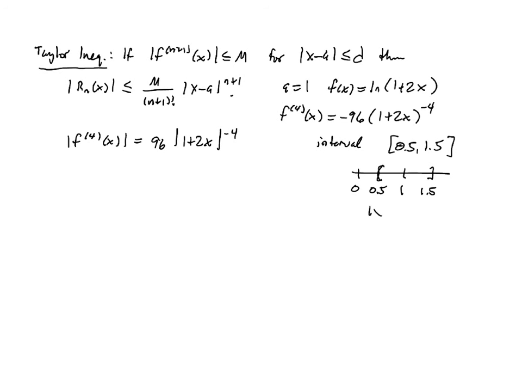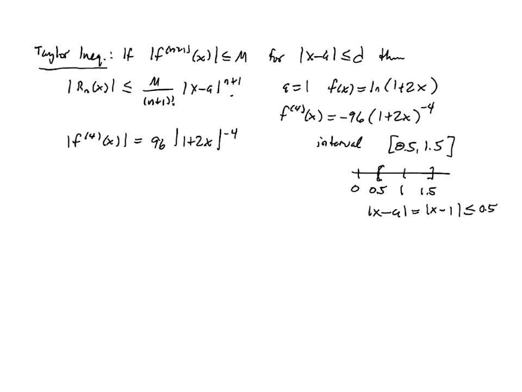The absolute value of x minus a, which is in our case absolute value of x minus 1, is less than or equal to 0.5, right? That interval has radius 0.5.